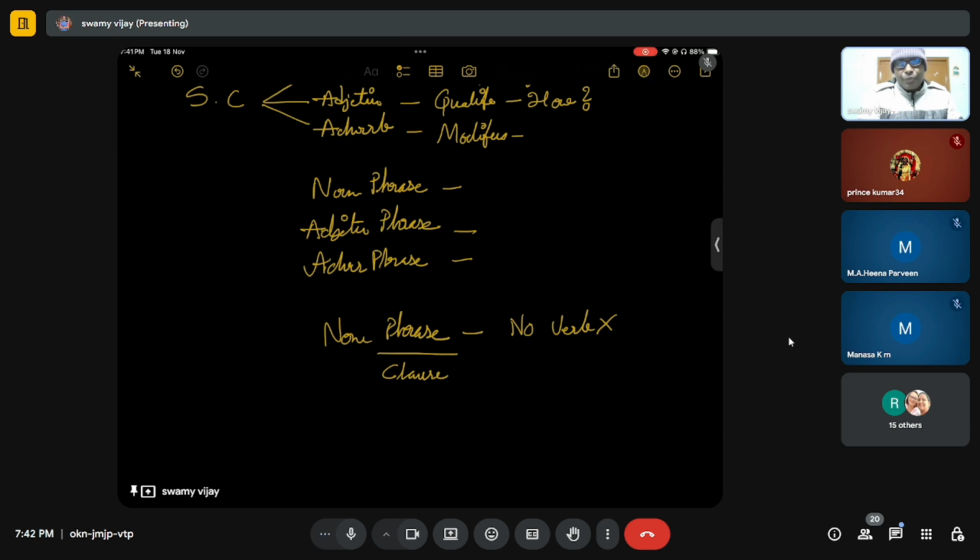If there is a verb in a group of words, then it is called a clause. So the basic difference is that a phrase is a group of words acting as a noun without a verb, and a noun clause is a group of words which acts as a noun and has a verb. So that is the basic difference.